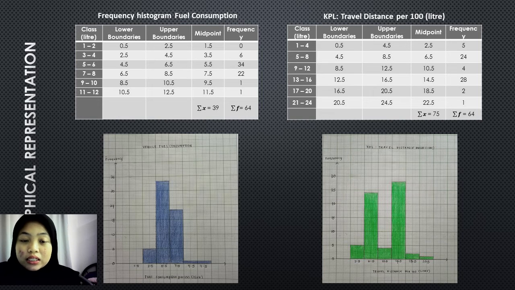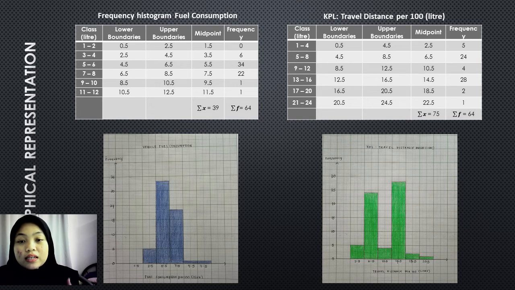Okay, the class for this fuel consumption histogram is from 1 to 12, and to get the midpoint of this class, we add lower boundaries with upper boundaries divided by 2, and the resulting midpoints are 1.5, 3.5, 5.5, 7.5, 9.5, and 11.5. It can be seen at the graph that the most fuel consumption is at 5.5 per 100 kilometer, and the lowest is at 1.5 per 100 kilometers.